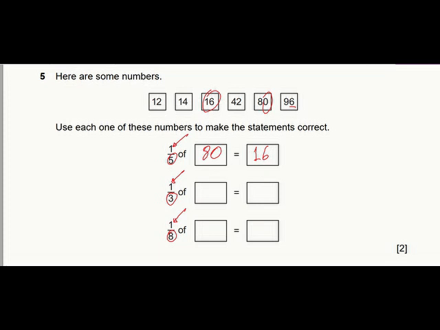Now, this comes to my mind because I know the times tables. 5 times 8 is 40. 40 is the half of 80. It means if I multiply by the double of 8, which is 16, I am going to have the double of 40, which is 80, right?